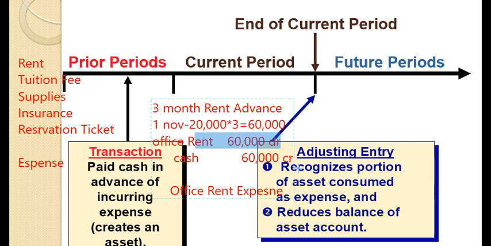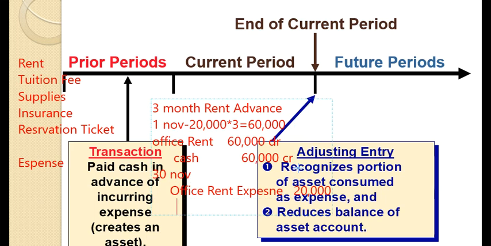According to your realization and matching principle, when revenue is earned and when expense is consumed, then you need to write it. Otherwise you cannot write the expense or revenue. But at the date of 30 November, I say office rent expense, 20,000, just 20,000, and it will be debit.